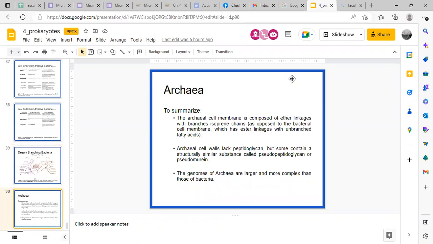The archaeal cell membrane, remember, is made of ether linkages in contrast with the ester linkages of the bacterial cell membrane. They do not have peptidoglycan. For some, you have pseudo-peptidoglycan; for some, you have slime layers. The genome of archaea is larger and more complex than that of bacteria.